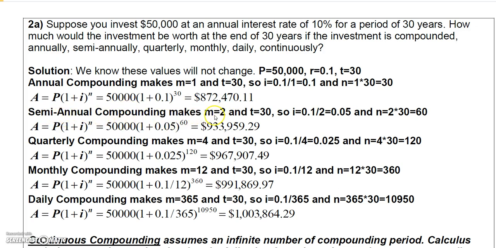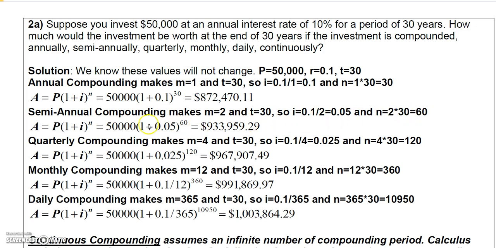Well, semi-annual compounding means you're compounding every 6 months. So that would be twice a year, and T would still be 30. So I would be 0.1 divided by 2, so your rate per period would now be 0.05, or 5%. And the total number of compounding periods now would be 60, because you'd have twice a year for 30 years.